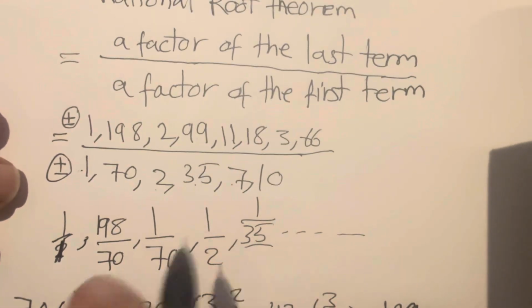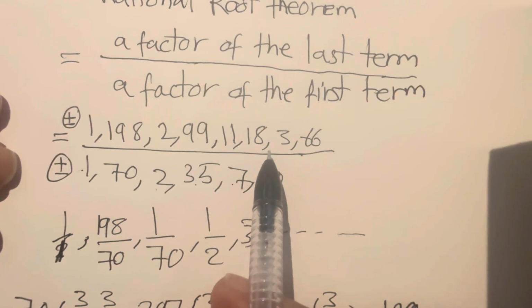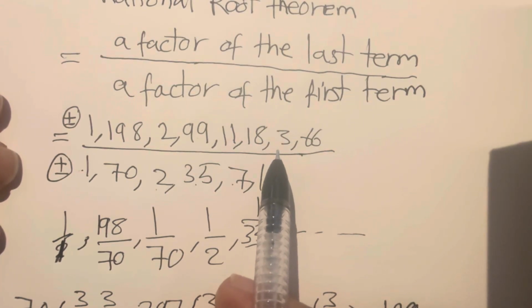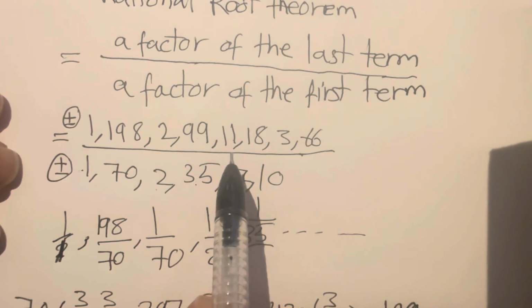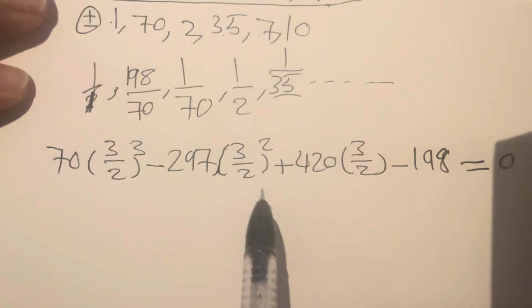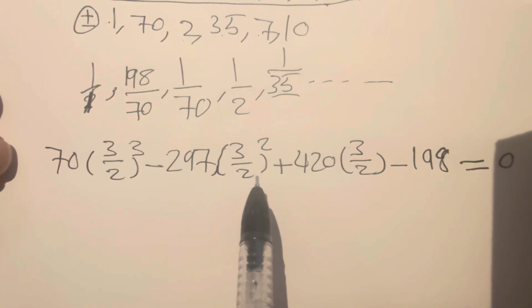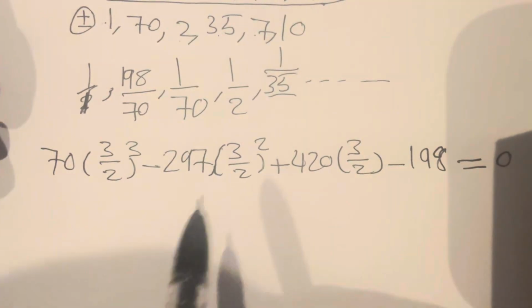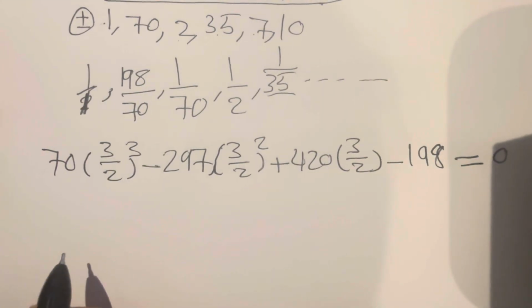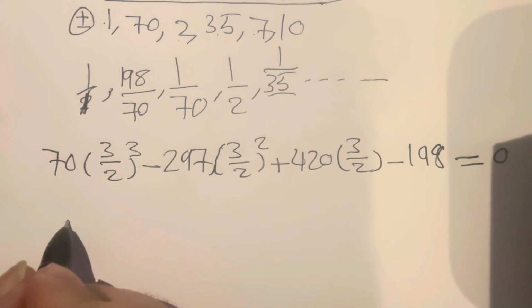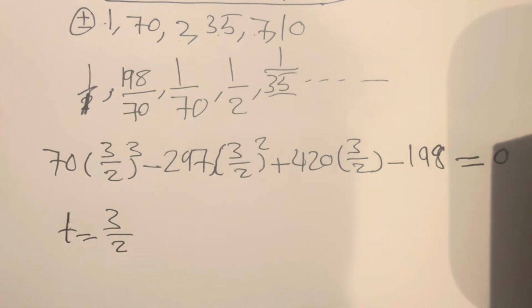Out of all these fractions, one of them was a root of the equation, 3 over 2. The rest of them do not make the equation equal 0, only one root. After that, we said t equals 3 over 2 is one of the roots.